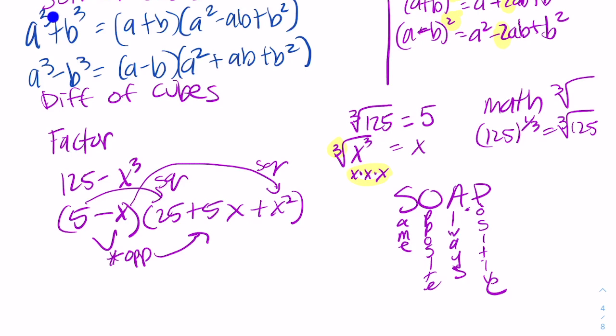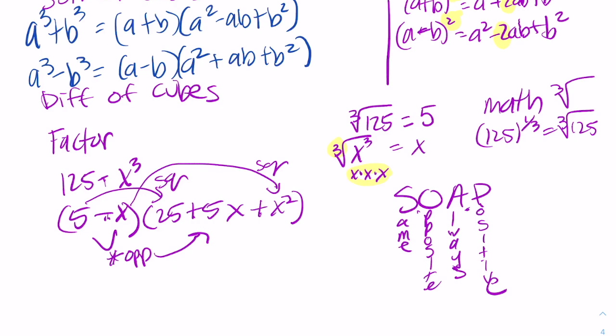So notice if we look back up here, these two are the same. These ones are opposite. This one's always positive. These are the same. These are opposite. This one is always positive. So you can use the SOAP to help you remember that this is the same, these are opposites, and then this one is always positive.